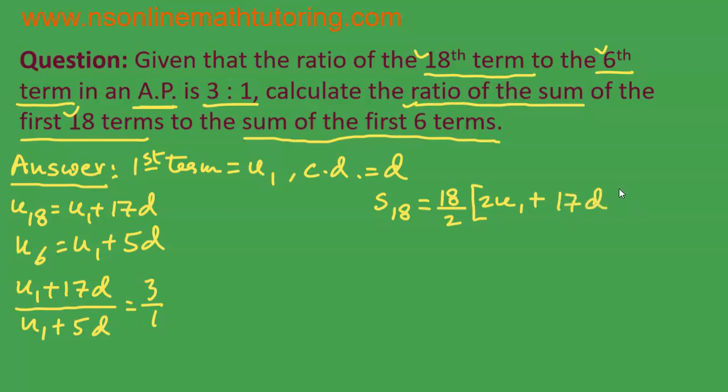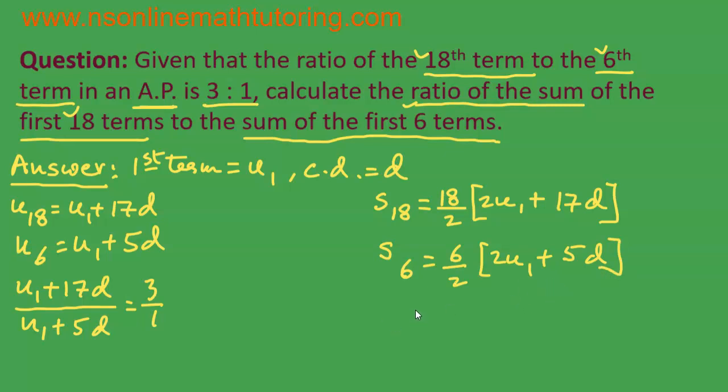And what is S6, the sum of the first 6 terms? It is 6 over 2, and obviously 2U1 stays, plus 6 minus 1, that is 5D.